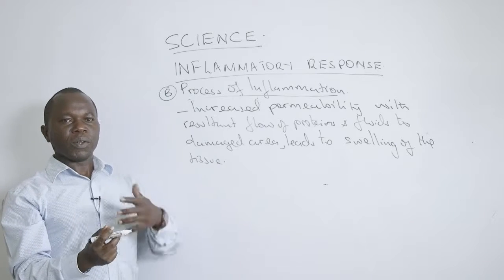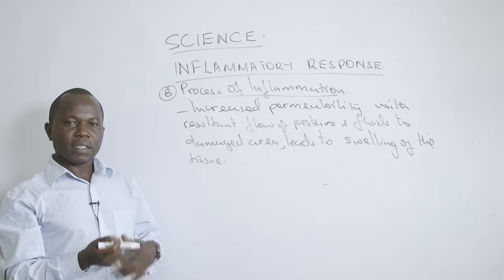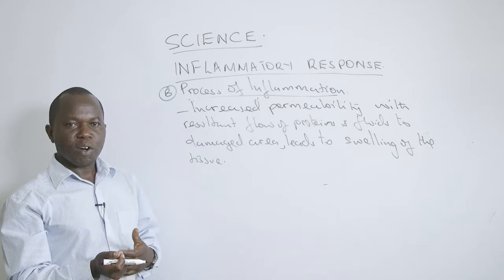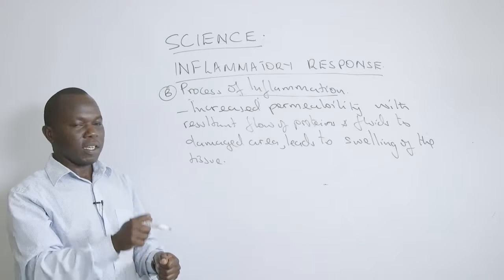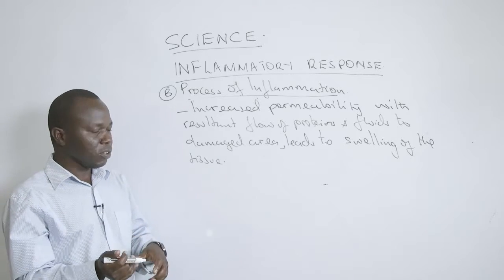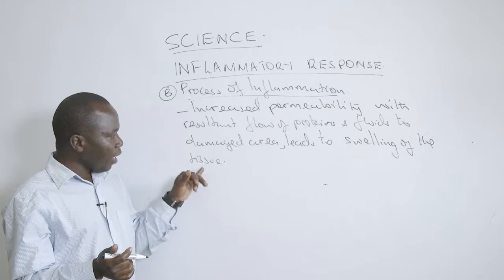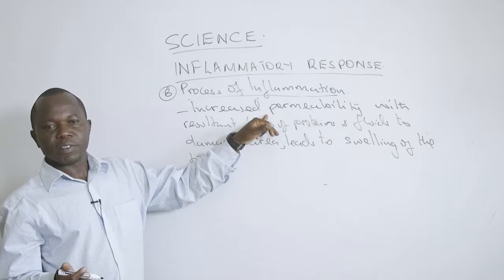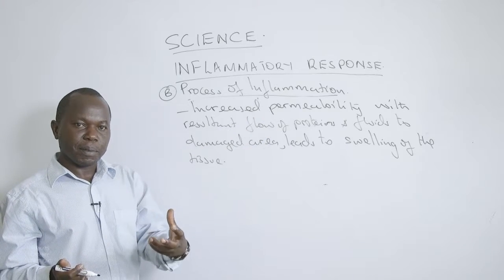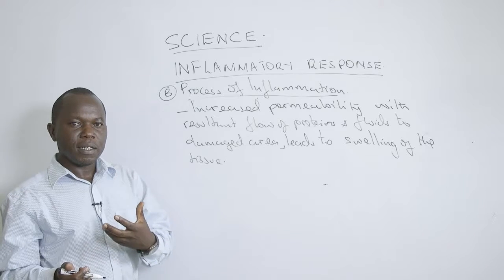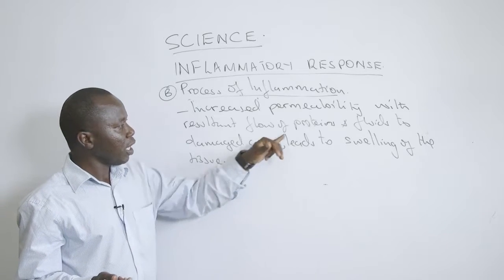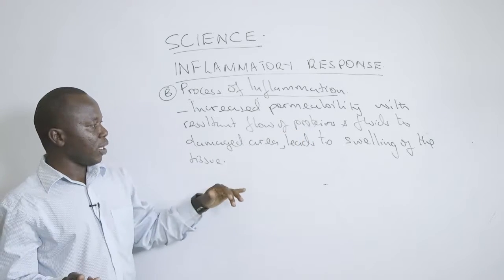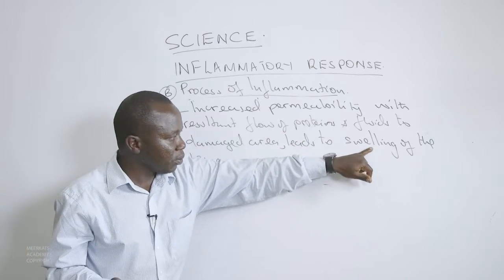This is true. When you burn yourself, first thing, the area becomes red. Another thing, the area becomes more hot. Or if you hit yourself, even if there is an infection, those things will happen. And then again, the area becomes swollen. Why? Because of histamine that has increased permeability of the blood vessels, and in the process allowing more fluids and plasma proteins to flow to the area of injury, leading to swelling.